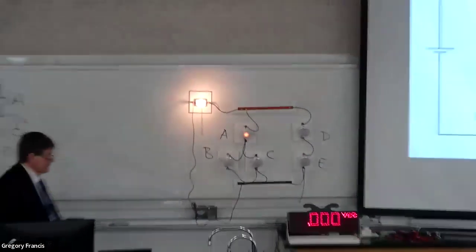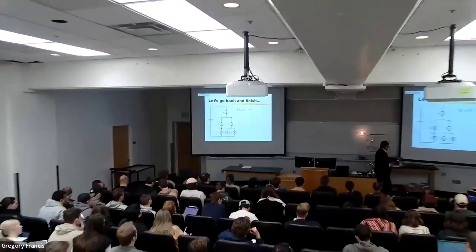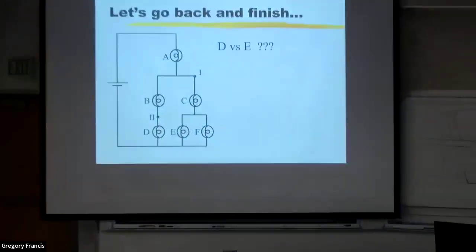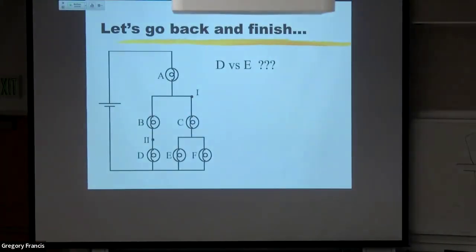Let's go to this one. We found a pizza problem when we tried to compare D to E. D was getting all of the small pizza. E was getting exactly half of the large pizza. Now, here's how you would use the voltage model to answer that pizza problem.